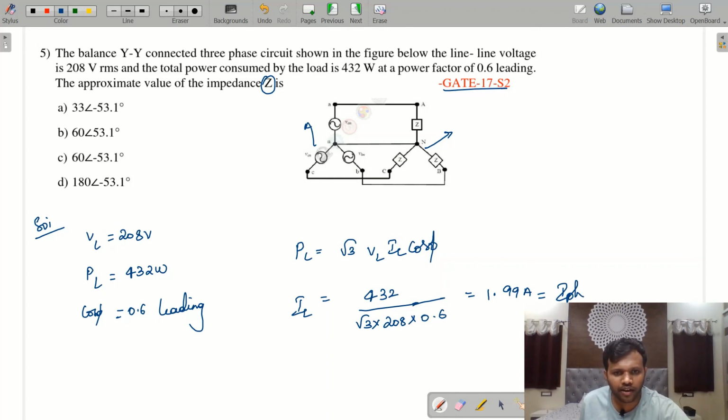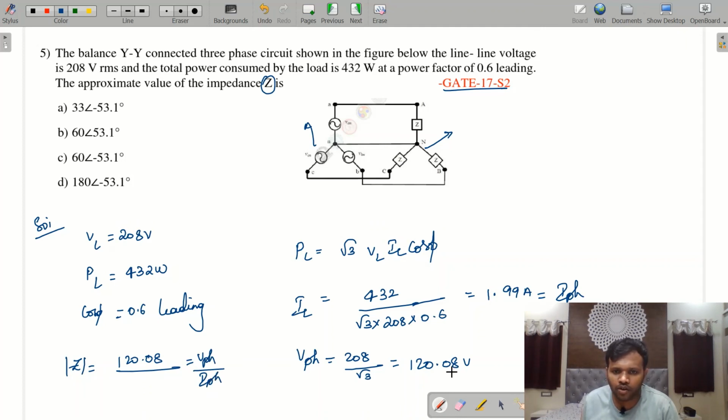And we know that the phase voltage will be 208 divided by root 3, which will be equal to 120.08 volts, okay. From there, as we know the phase current and the phase voltage, we can find out the magnitude of impedance, which will be phase voltage divided by phase current, okay.